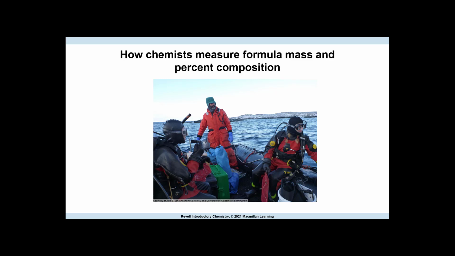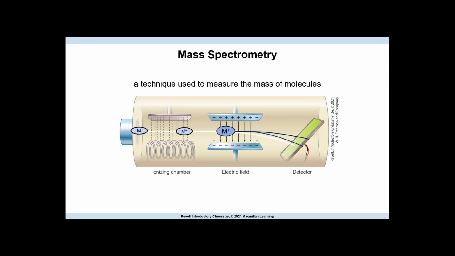So in this picture, this team of scientists are from the University of Alabama at Birmingham. They collect and study sponges from the waters around Antarctica. And some compounds discovered in these sponges block the growth of cancer cells. So chemists use the formula mass and percent composition to help determine the structure of these compounds. Both formula mass and percent composition are very important to identifying unknown compounds.